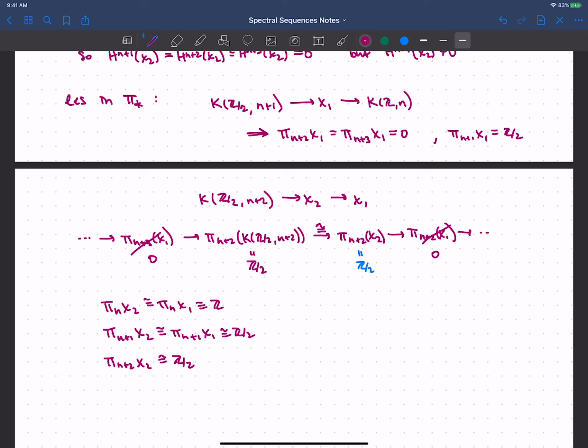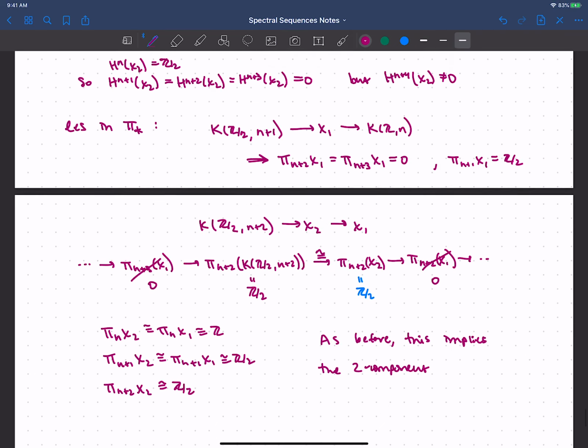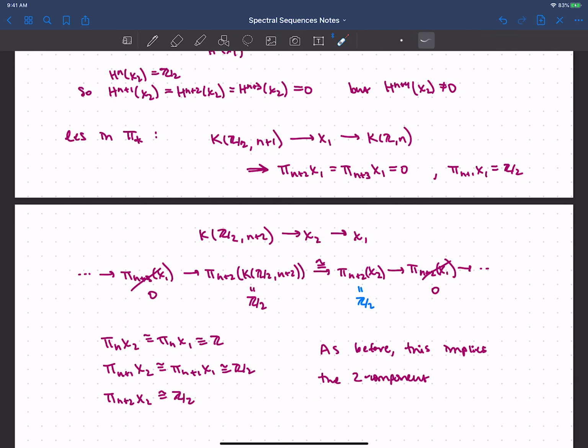Okay, so in exactly the same way as before, remember we had a map from S^n and we got a map to the total space that lifted it and so on, the same argument. This implies the 2 component, maybe I should go back before I complete this sentence. So the cohomology of this thing looks like the cohomology of S^n for a little while.